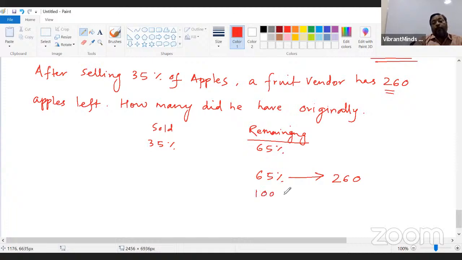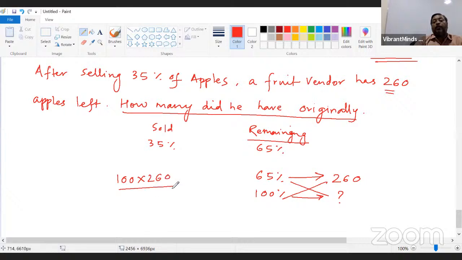Then 100%, since I have to know how much he originally had, 100% is equal to what? Cross multiply. And that will be 100 into 260 divided by 65. 65 fours. So how many did he have originally? And it is about 400. Is it clear, guys?